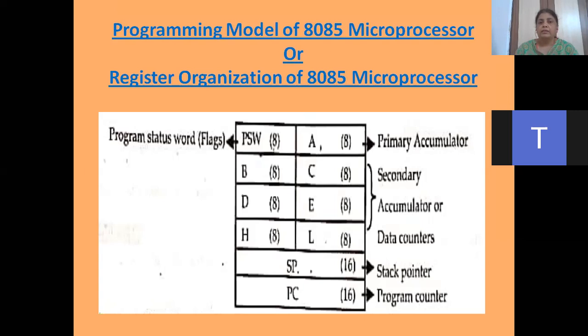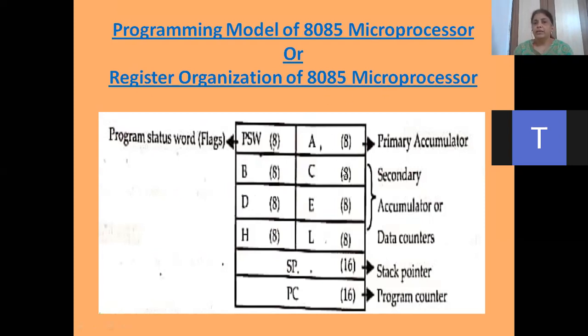We can combine these registers, but you need to combine them horizontally. You cannot combine vertically or diagonally. Only in the horizontal way, meaning you can make the pairs BC, DE and HL. 3 register pairs you can make, and you can store a 16-bit address or 16-bit data.